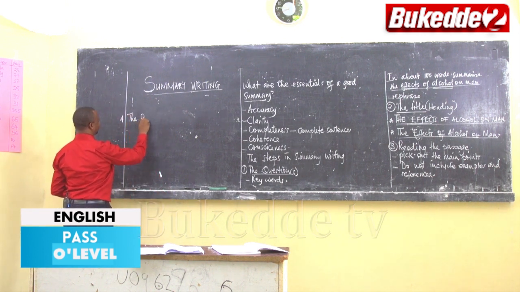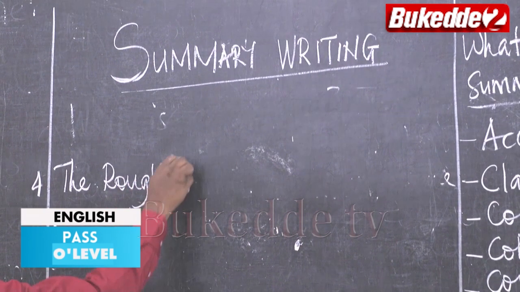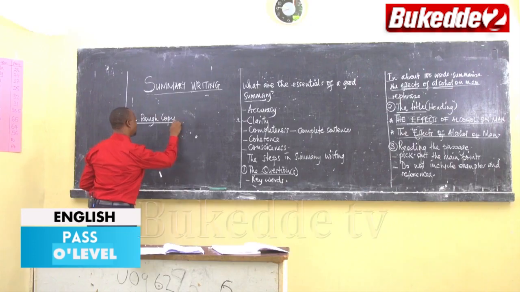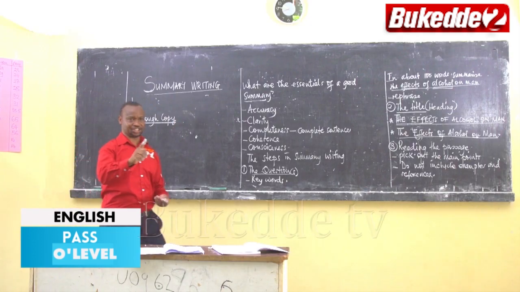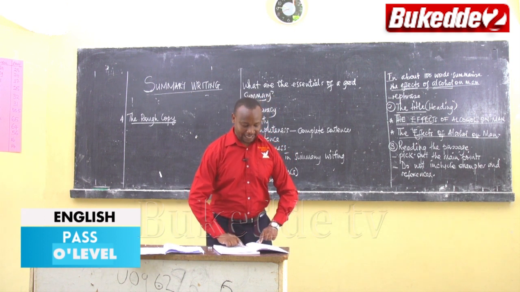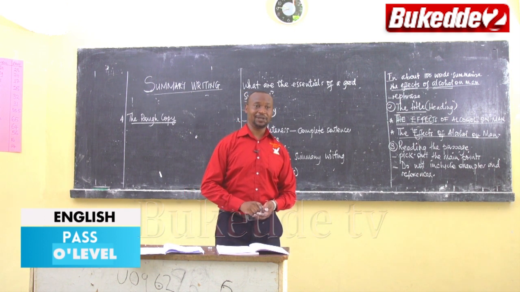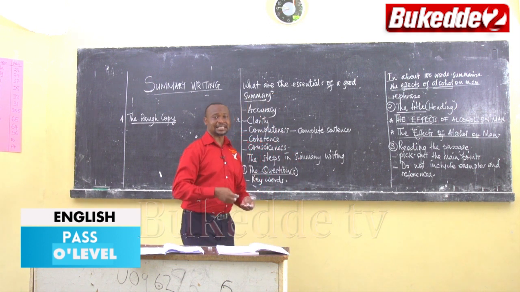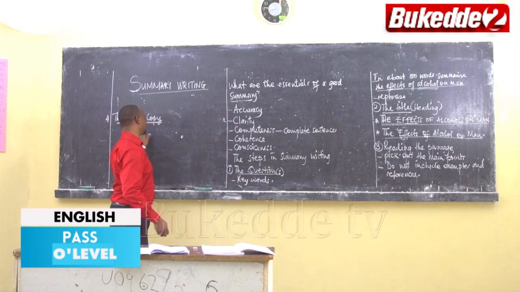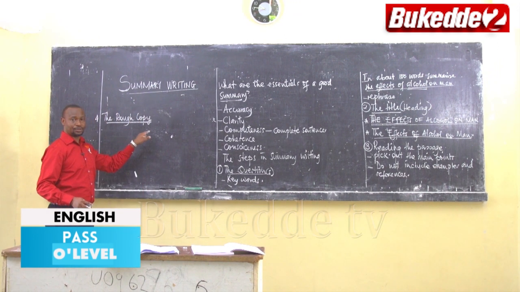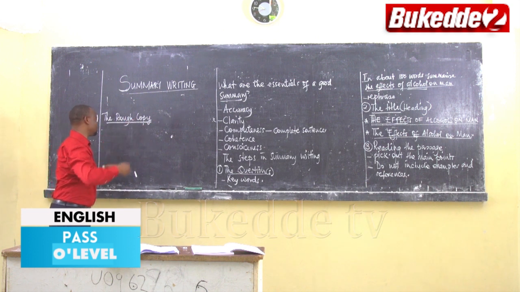You have systematically worked through the passage and you've identified your points. Now it is time for you to make the rough copy. Rough copy doesn't mean this is a dirty copy. No, rough copy simply is there to guide you as you prepare to make the fair copy.